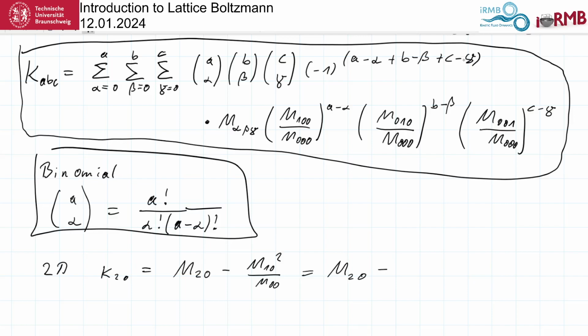Therefore, we can rewrite this: it's M20 minus ux squared times rho. Very similarly, K11 is M11 minus ux uy times rho.